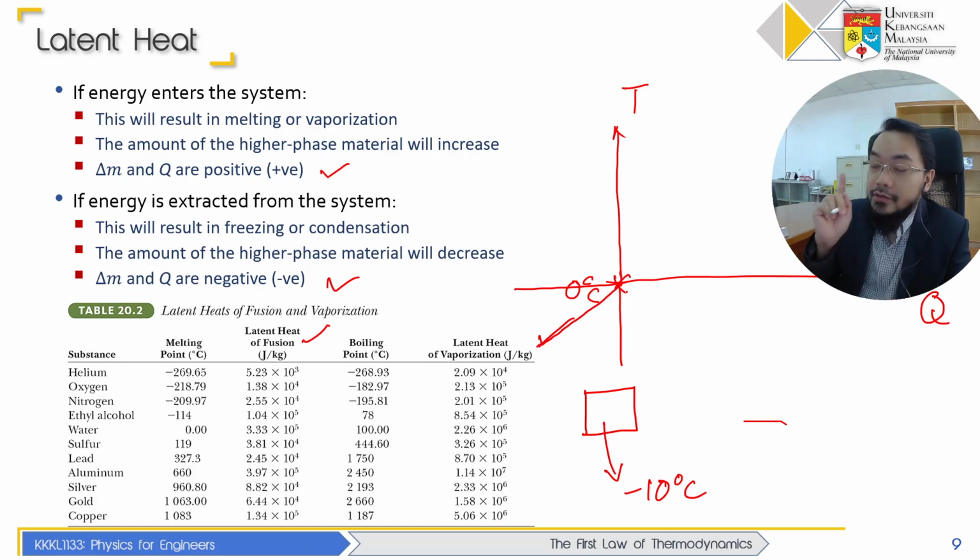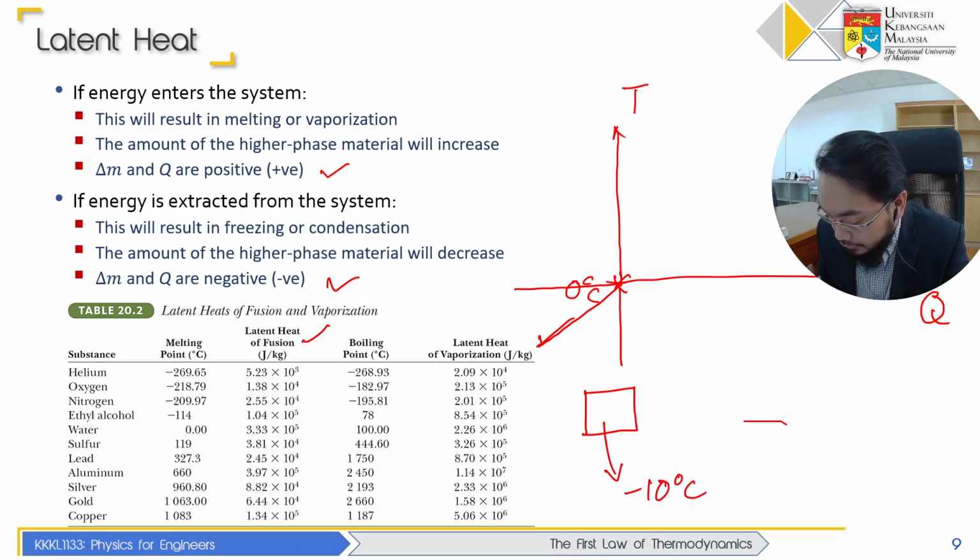When it reaches 0 degrees Celsius, that is the melting temperature of ice, so ice will start to change phase into water. Starting at 0 degrees Celsius, some of the ice will start to be converted into liquid.